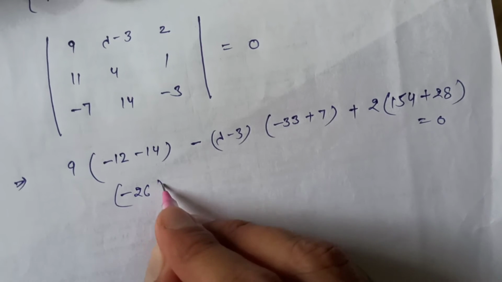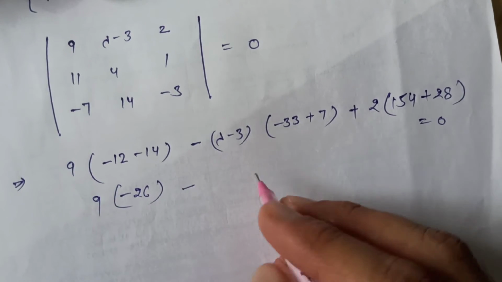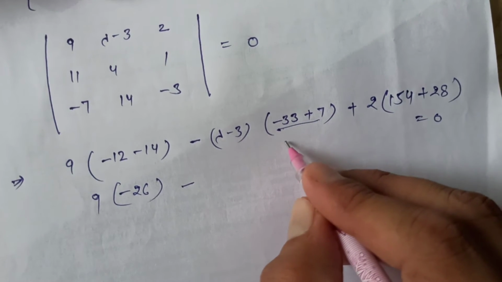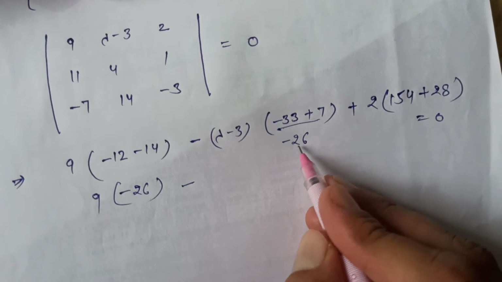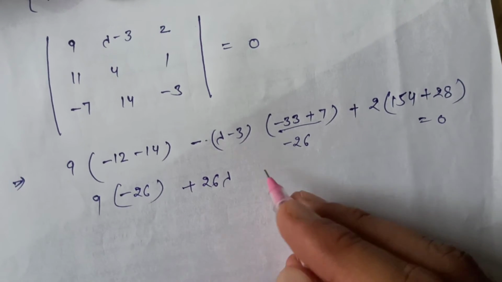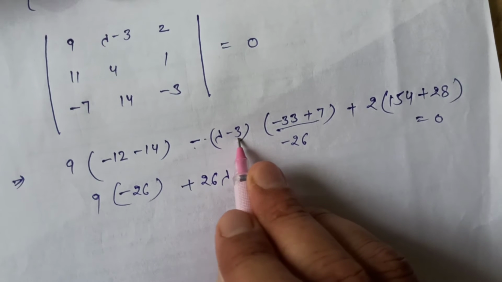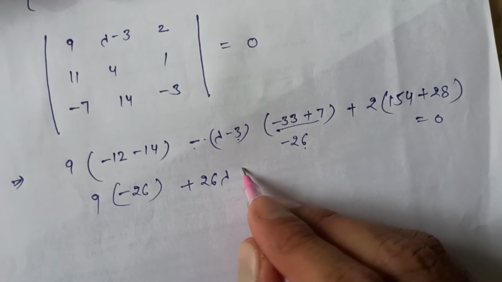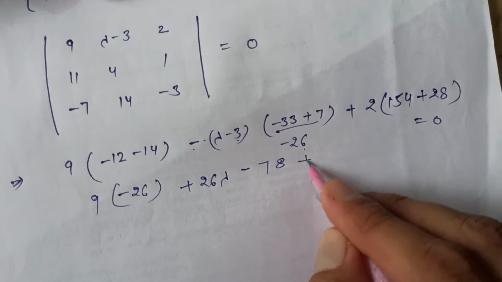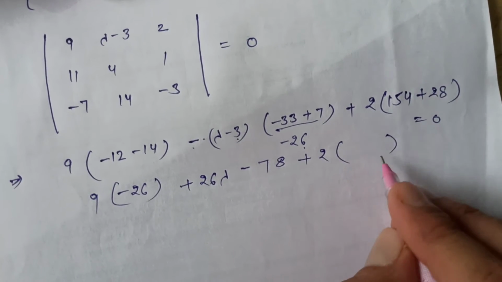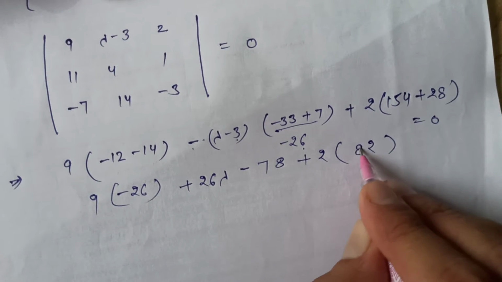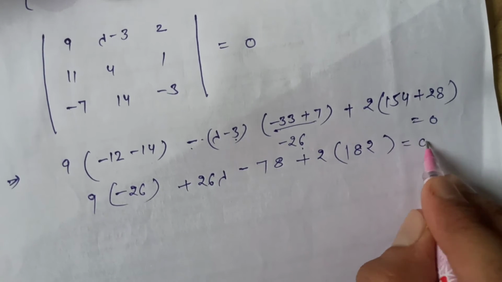Minus 26 into 9, minus 33 plus 7, that is minus 26, plus 26 lambda, minus 78, plus 2 into, that is 182, is equal to 0.